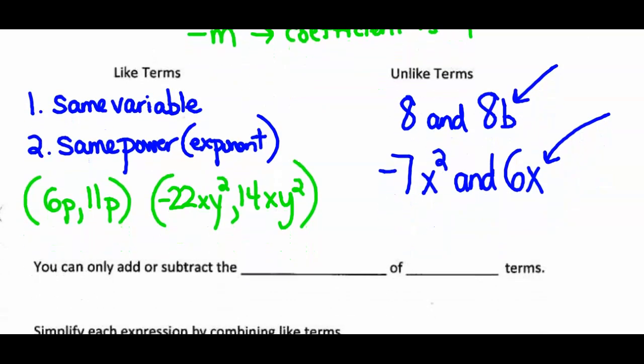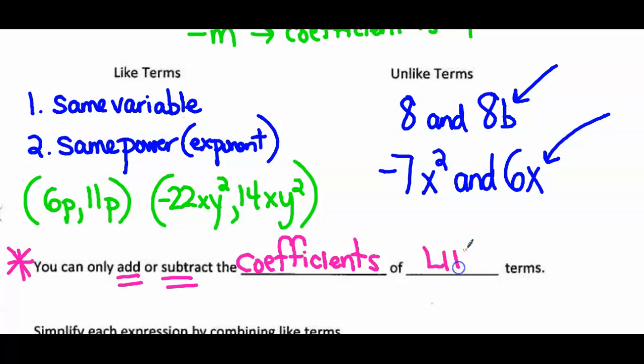Now this statement here is important because this is part of the lesson that you'll need to progress. You now have an understanding of what a term is, a coefficient, and like and unlike terms. So it says here you can only add or subtract the coefficients of like terms.